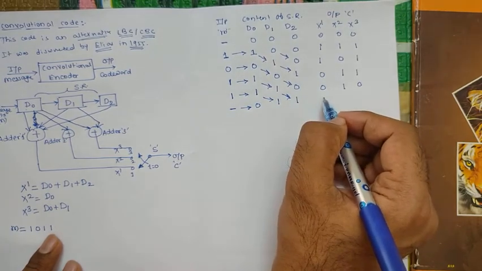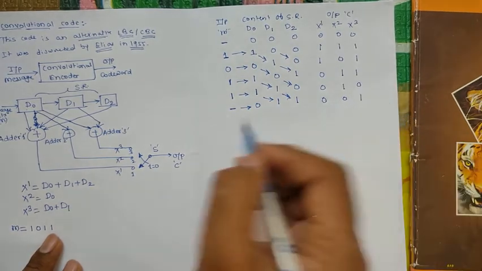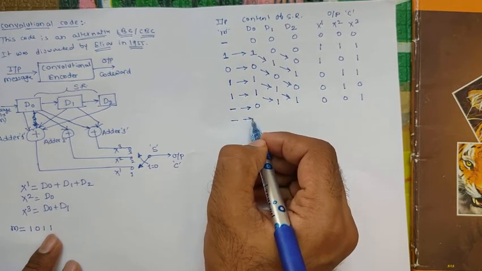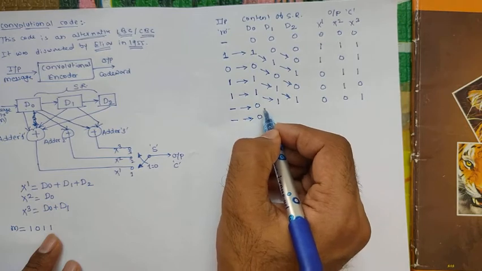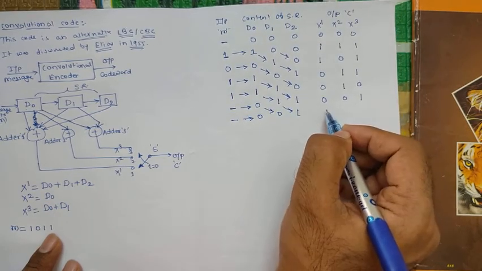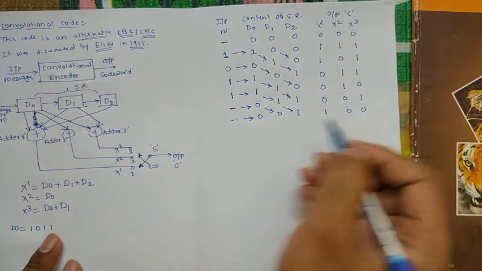So we are getting the output here, that is 0, 0, 1. And one more time this operation will happen. Even though we are not applying any input, meaning 0 here, this 0 will be shifted and this 1 will be shifted here. So we are getting the output here 1, 0, 0.